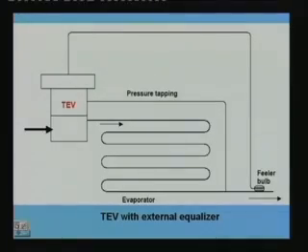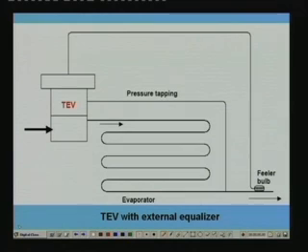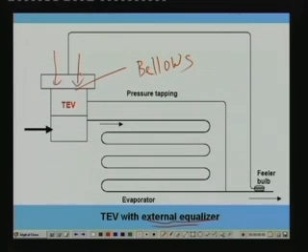So this is the schematic of a thermostatic expansion valve with external equalizer. The difference, as you can see here, is that this is a bellows. Here the pressure acting is the pressure due to the feeler bulb, that is PP, and the downward pressure is not the pressure at the inlet of the evaporator, but the pressure at the outlet of the evaporator.